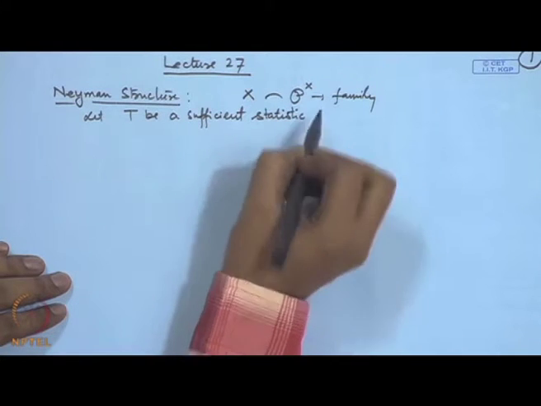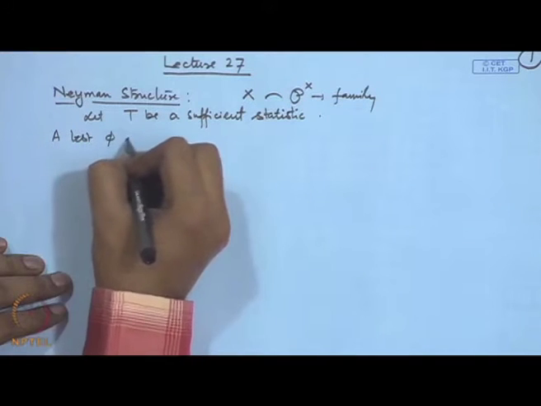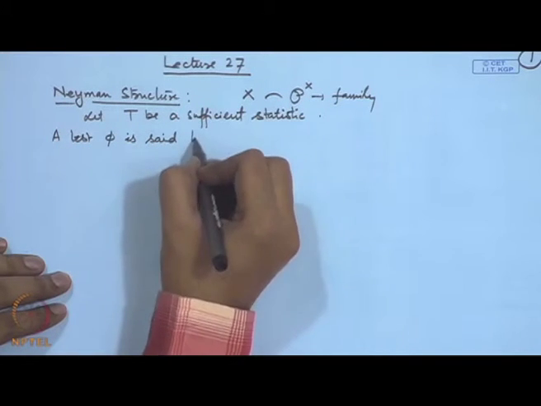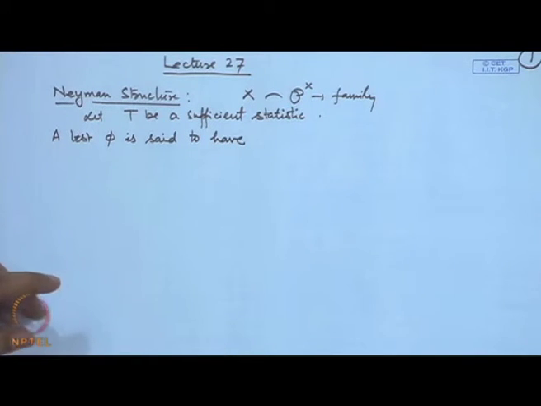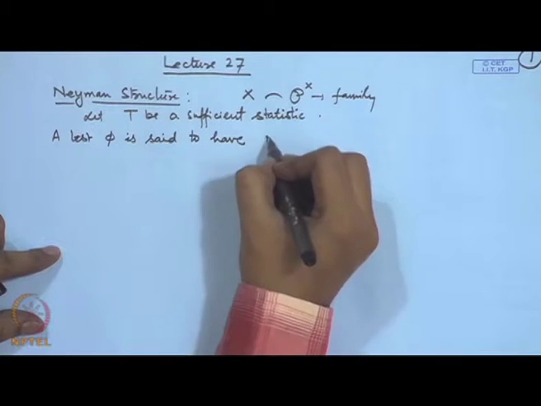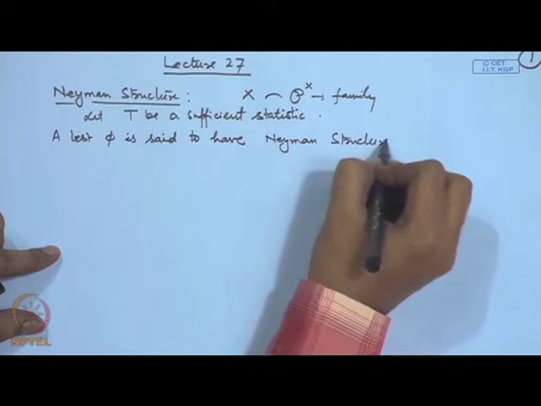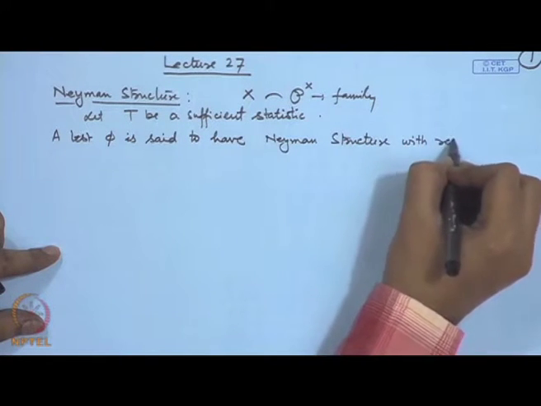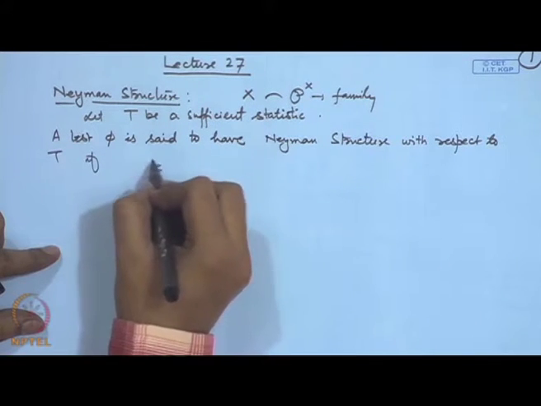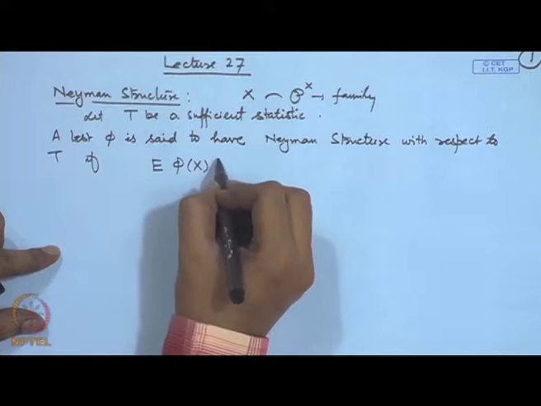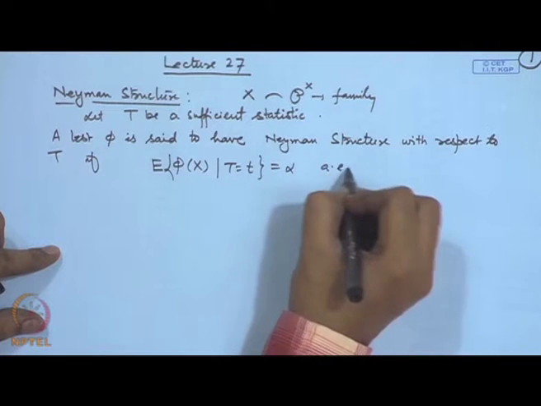A test phi is said to have Neyman structure with respect to T if the conditional expectation of phi(X) given T is equal to alpha almost everywhere T.